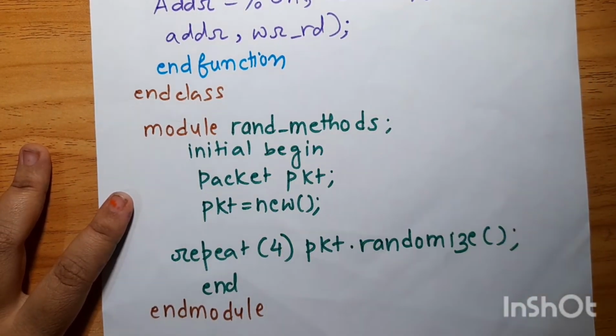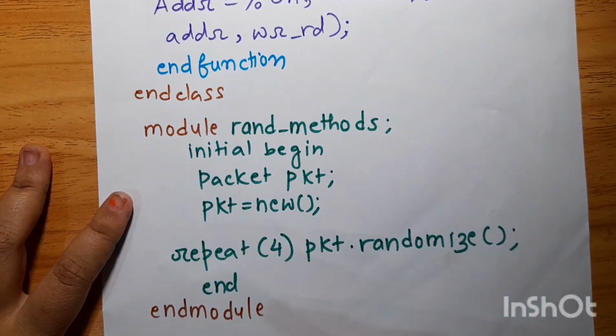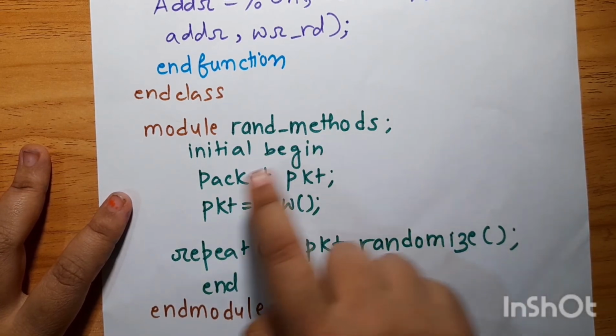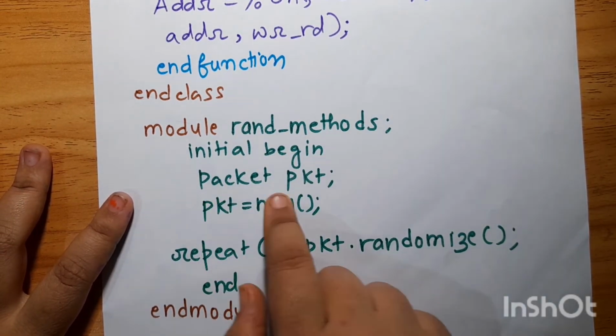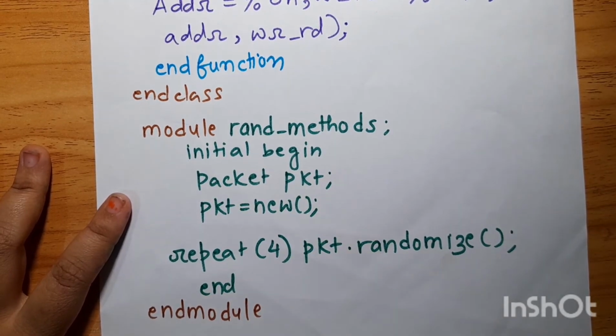Now in the module rand_method, I am actually creating the packets. You see, inside the initial begin, I first create the object of packet: packet = new.